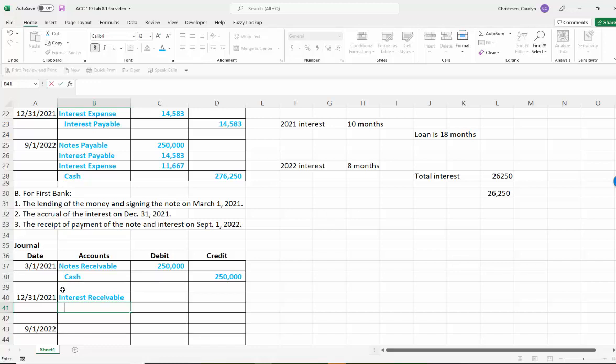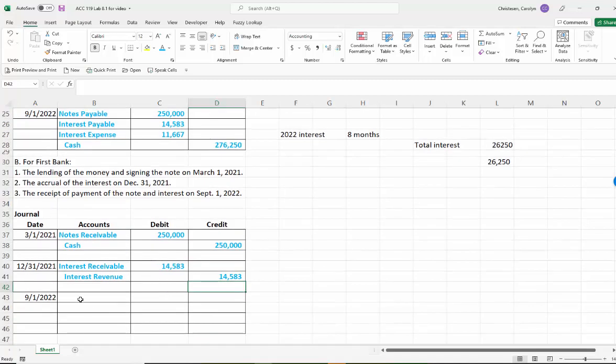And because they are paying us interest, this is revenue to us. Interest revenue is getting credited. All right, and I'm just going to make this equal to this because it's the same amount, right? The amount that they record as expense, we record as revenue. All right, so that's why you can't just say interest, right? Because it could be 4 different accounts.